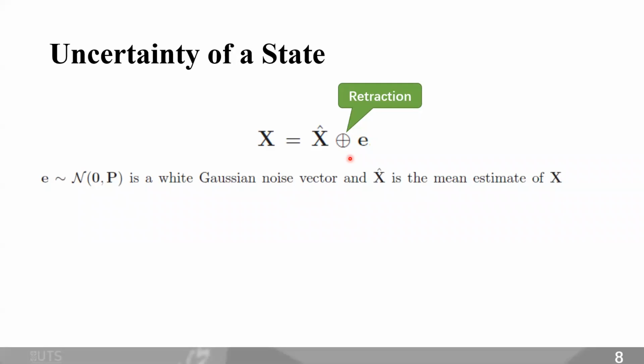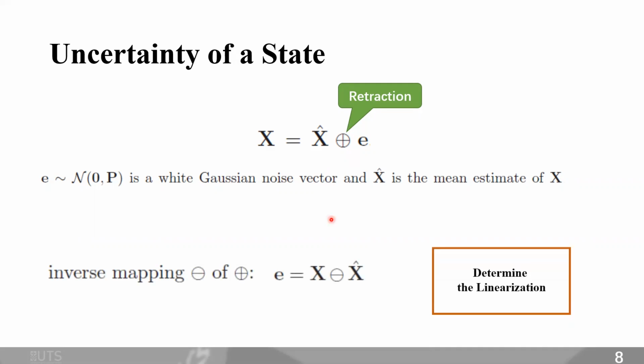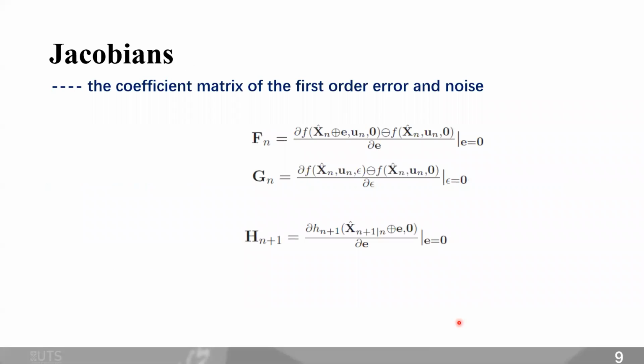It's also called retraction. The error vector can also be described by the inverse map of the retraction, and different retractions determine different linearization approaches, which will significantly influence the result. Based on a selected retraction, we can compute the values of the Jacobians in the EKF framework, as shown here. The equations are complex and confusing.